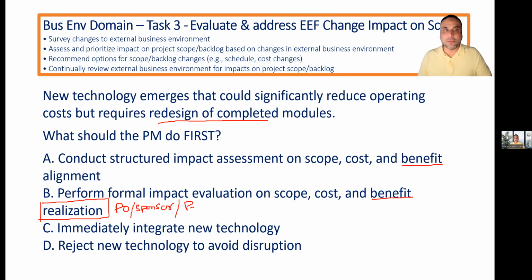Program manager. The customer will not be part of it; don't take the name of the customer for these things, please. So yes, this does not belong to the project manager. The project manager's authority is with alignment, not realization. Realization is the accountability of the sponsor and program managers.